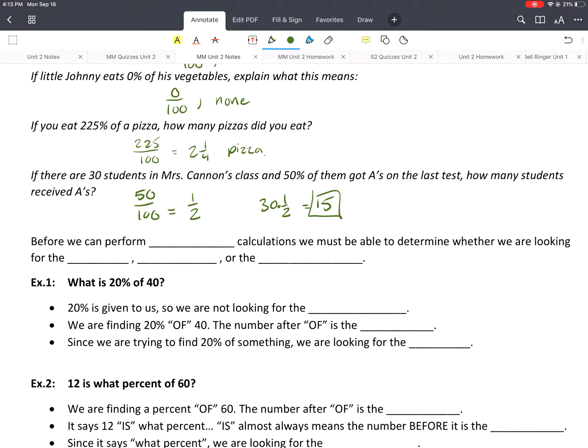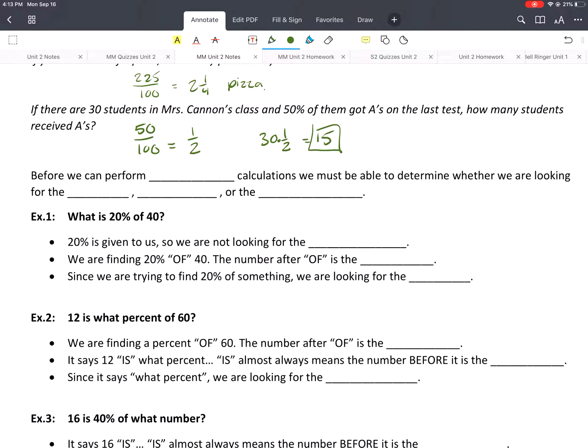Before we can perform percent calculations, we must be able to determine whether we are looking for the part, the whole, or the percent.